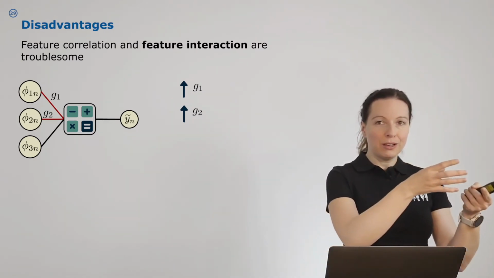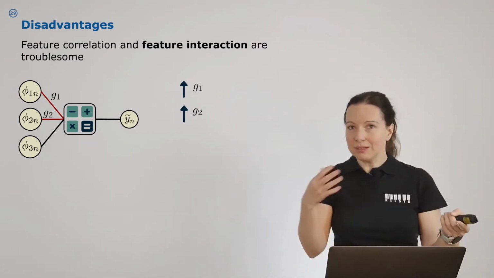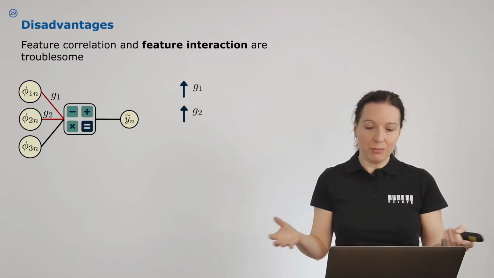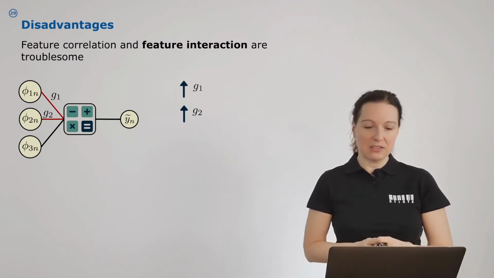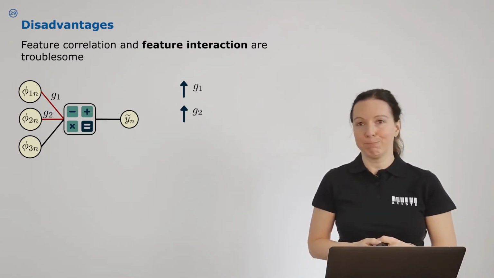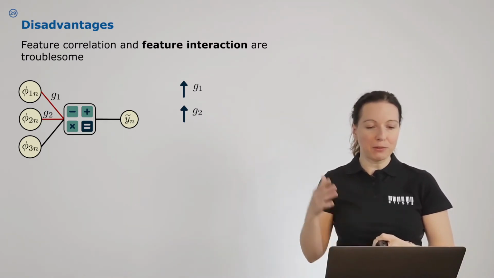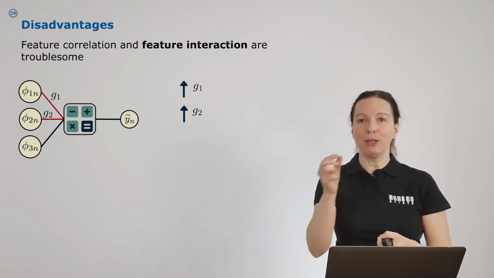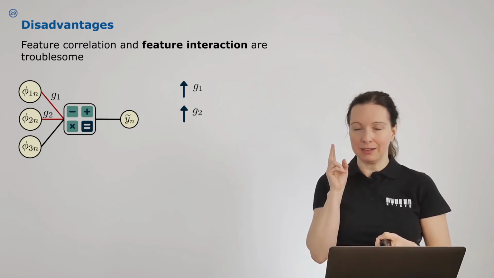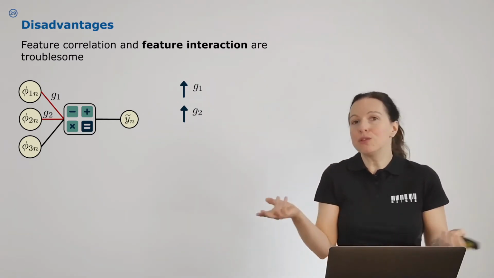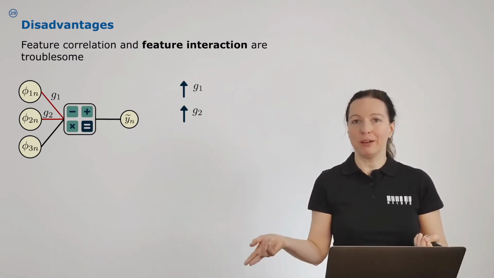If you change the other one, it might drop a lot, but it should only drop a lot together. So it's actually a problem when you only look at one single feature and not together. Of course, you have the possibility to look at them together.